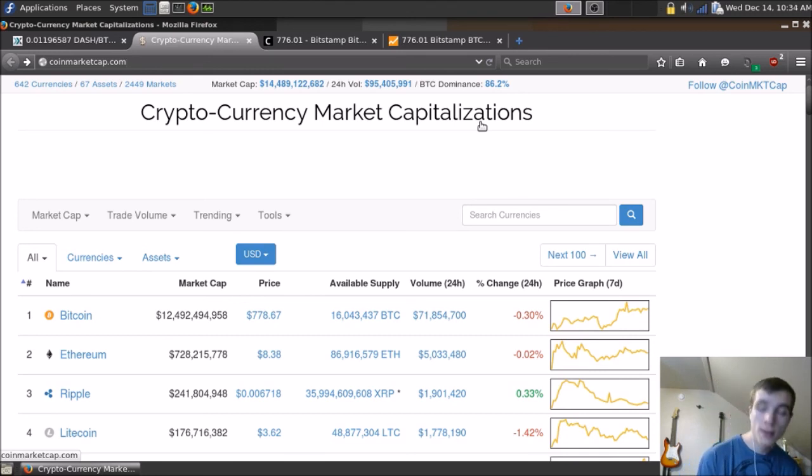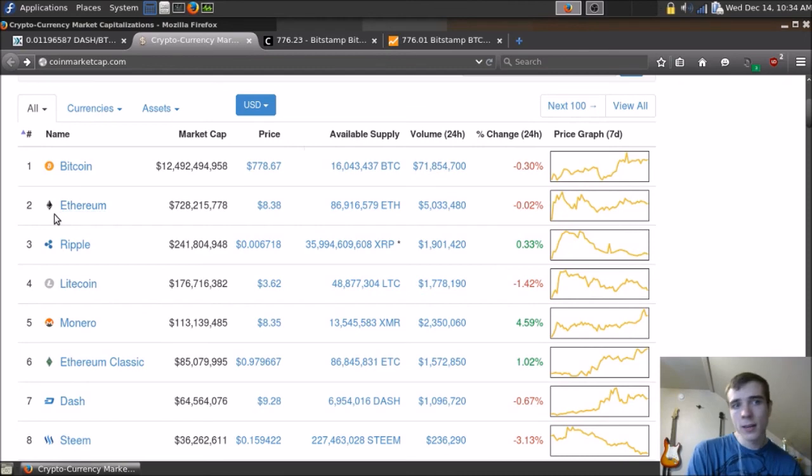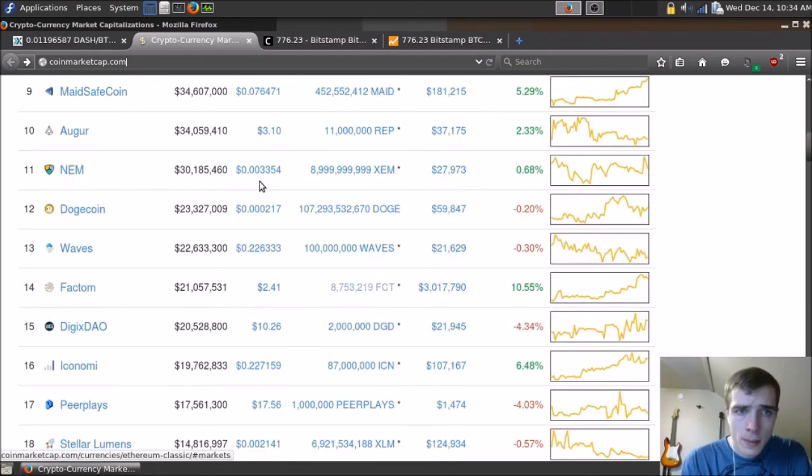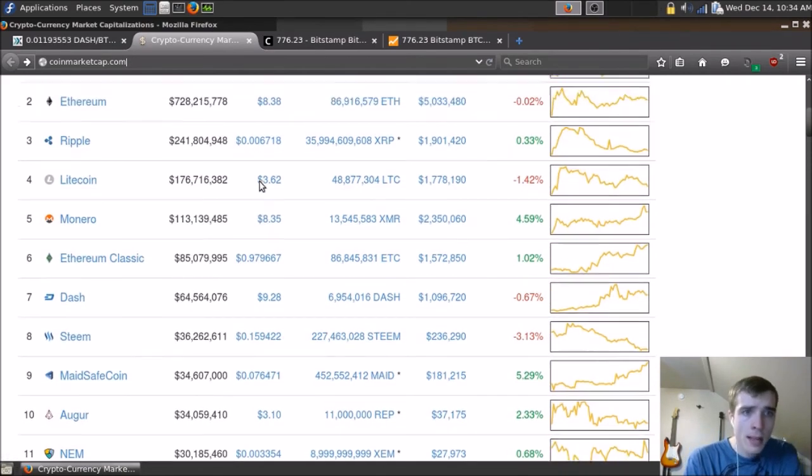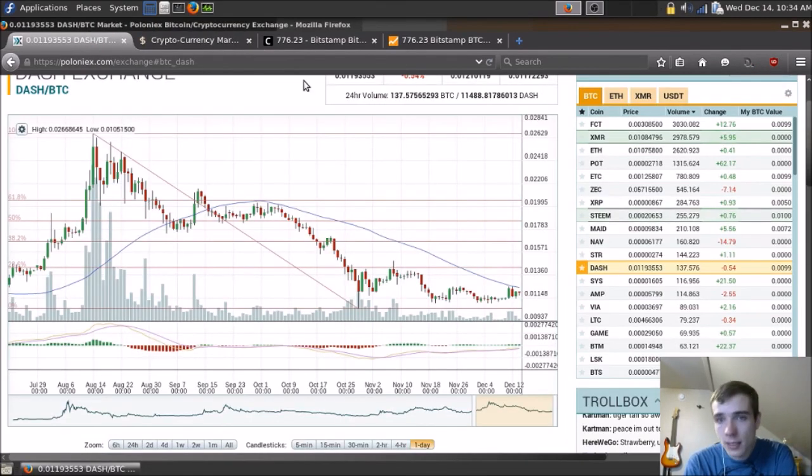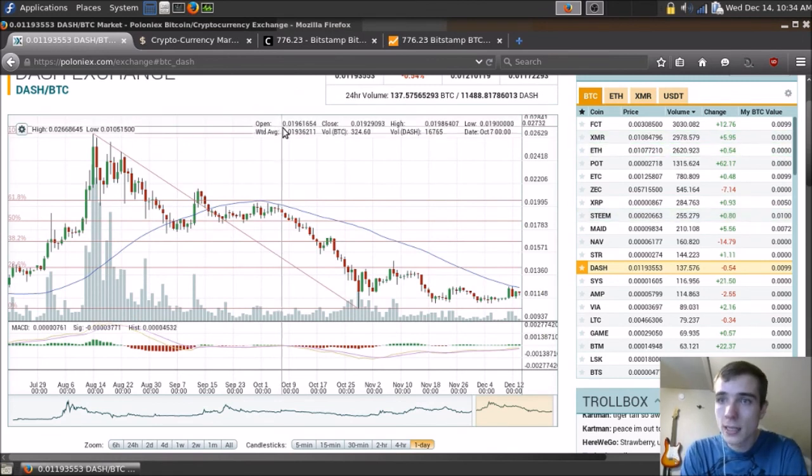So another thing I see is Bitcoin dominance dropping off because of its value in the next little while. Ethereum still number 2, Ripple. Standard looks pretty normal for market cap and stuff. And the markets are looking really good. It's a good time to hop in on a lot of this stuff.